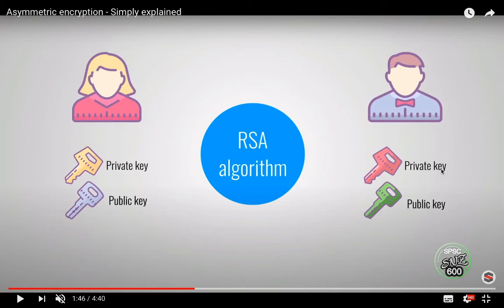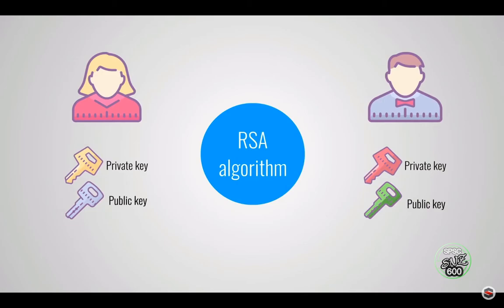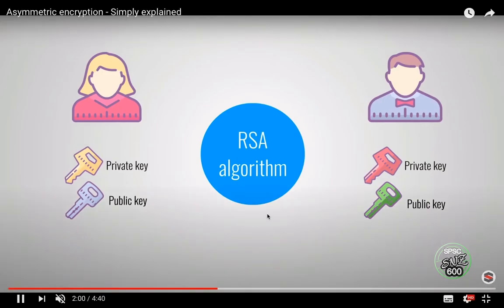Bob's private key is known only to him, but the public key is known to everyone. So for sharing messages, both of them need to know the public key of each other.